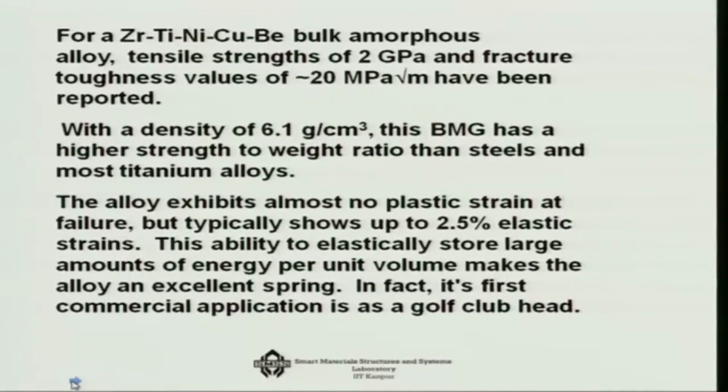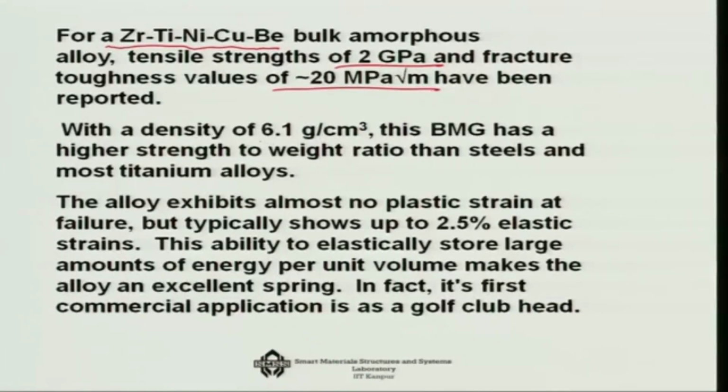This is one of the examples: if you use zirconium, titanium, nickel, copper and beryllium in a mix, and then use this rapid cooling technique, you get a tensile strength of about 2 gigapascal, and a high fracture toughness of 20 megapascal square root meter, and the density is much lower. That is another advantage of an amorphous state.